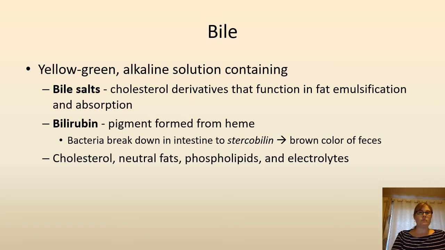Okay, and so lots of things are involved with bile. It has cholesterol in it, as we mentioned. It does have some neutral fats, which you don't need to worry about. Some electrolytes, things that are going to be involved with the action of breaking down substances. So I would just worry about your bold-faced words right now.